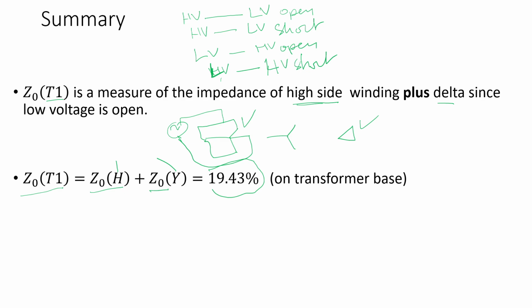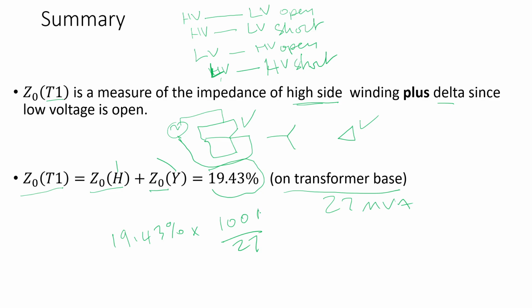So, and just keep in mind this value is on the transformer base. So in this particular case, it's 27 MVA. Obviously, if you want to convert it to 100 MVA, you can do that. To convert it to 100 MVA, you would take 19.43% times 100 MVA divided by 27.